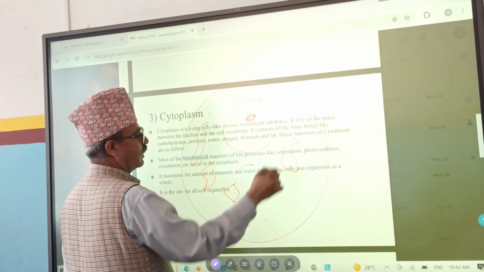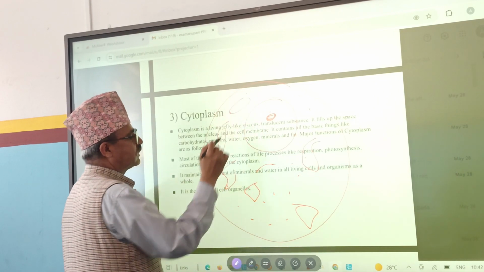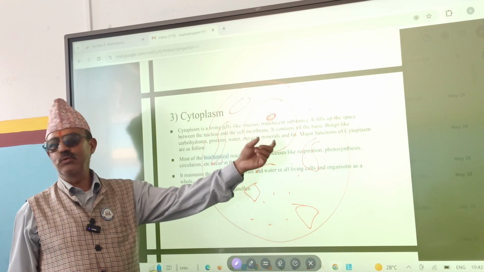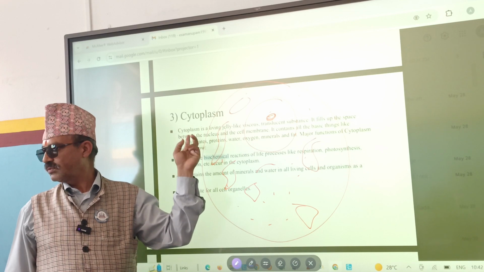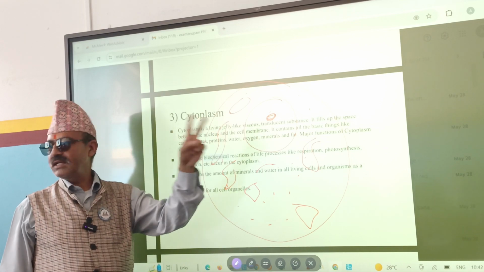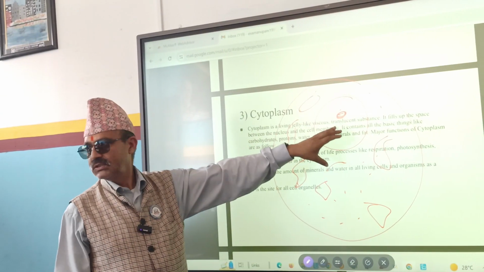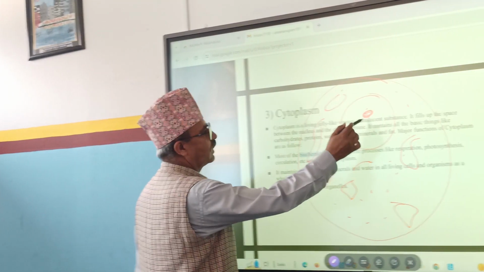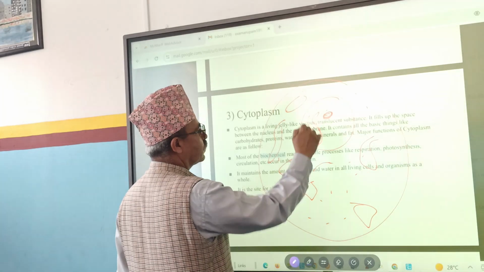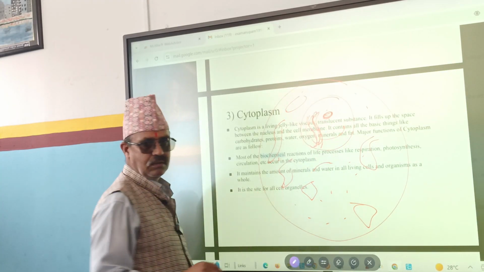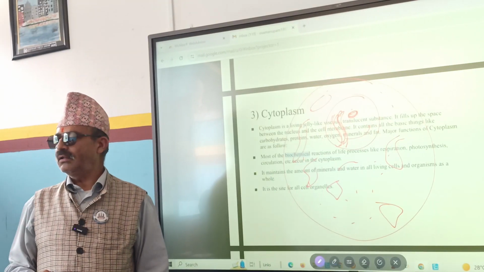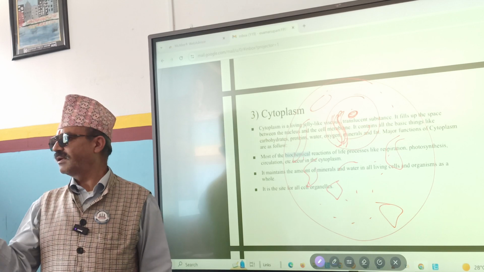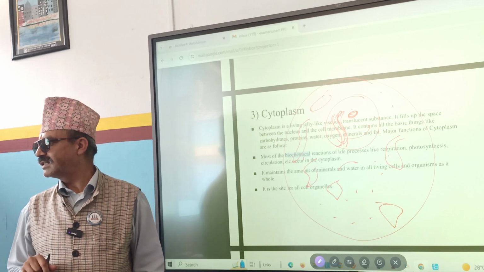Cytoplasm. When we say cytoplasm and nucleus together, it is called protoplasm. So this is nucleus, and nucleus is also called the brain of the cell. Why it is called so will be explained by Abhisha Dubadi. Our duty is there, right?